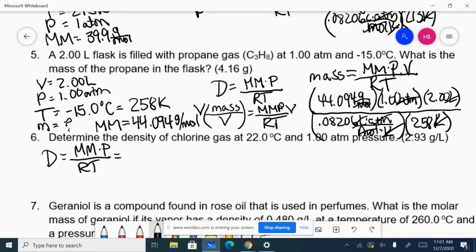Chlorine gas, you have to be careful because chlorine is one of our diatomic elements. If you don't remember what that is, go back and watch the diatomic elements video. So it's not going to be 35.45 grams per mole as in Cl. It's going to be 70.90 for Cl2.